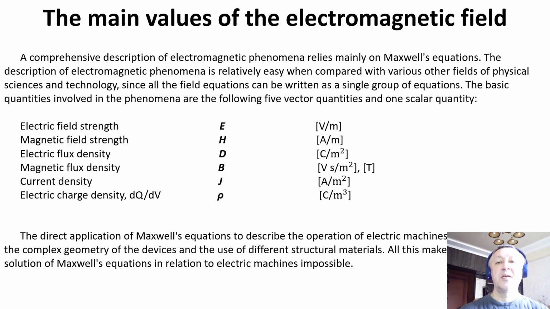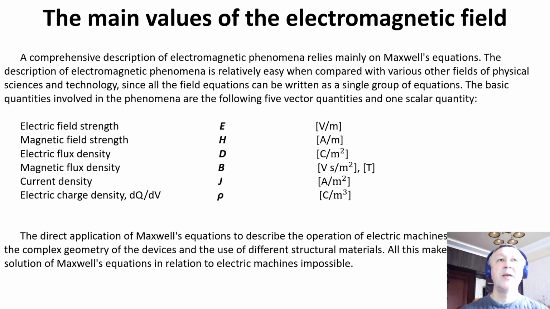The main physical quantities involved in the phenomena are the following five vector quantities and one scalar quantity. On this slide, you see a table with the names, common designations, and units of measurements of the basic physical quantities that we use to describe electromagnetic processes.